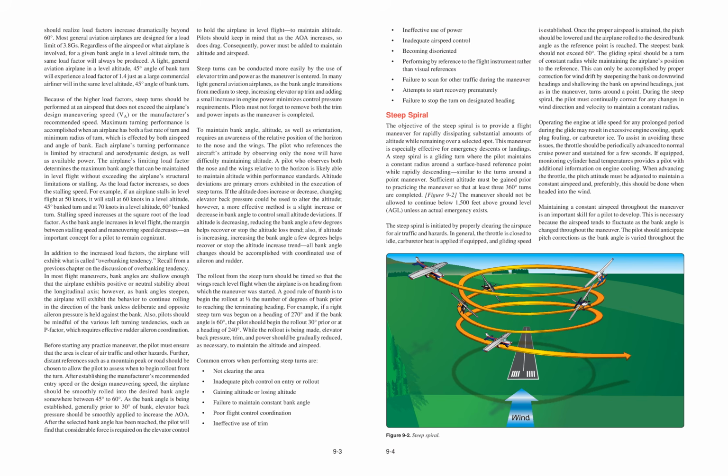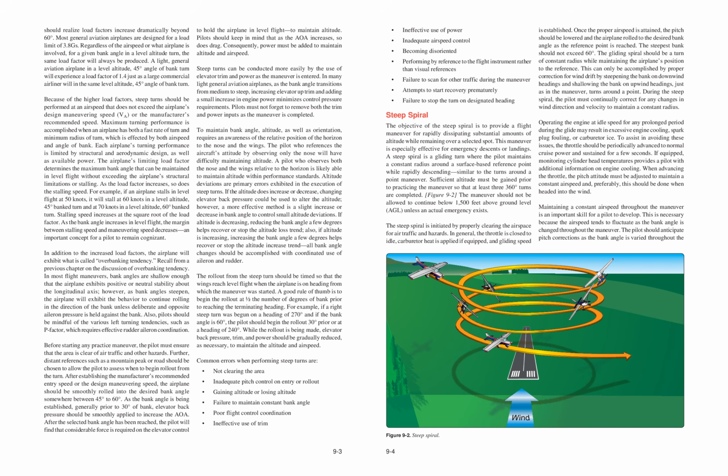In general, the throttle is closed to idle, carburetor heat is applied if equipped, and gliding speed is established. Once the proper airspeed is attained, the pitch should be lowered and the airplane rolled to the desired bank angle as the reference point is reached. The steepest bank should not exceed 60 degrees. The gliding spiral should be a turn of constant radius while maintaining the airplane's position to the reference.